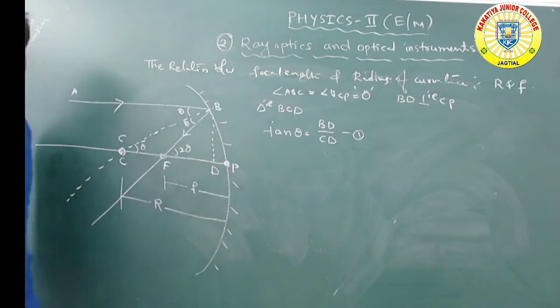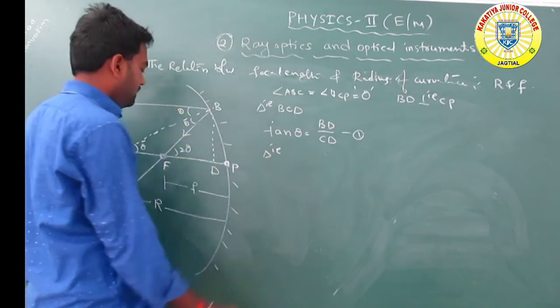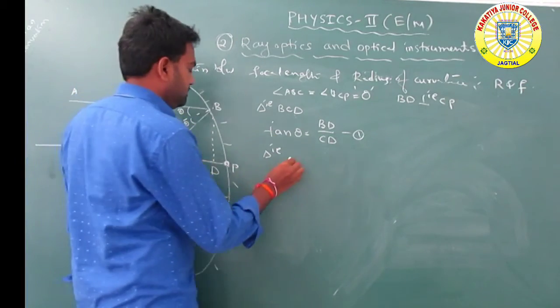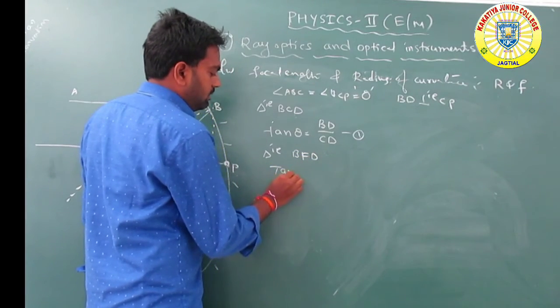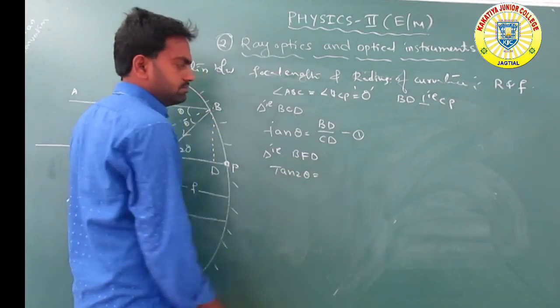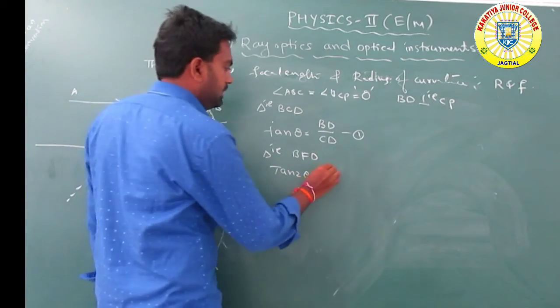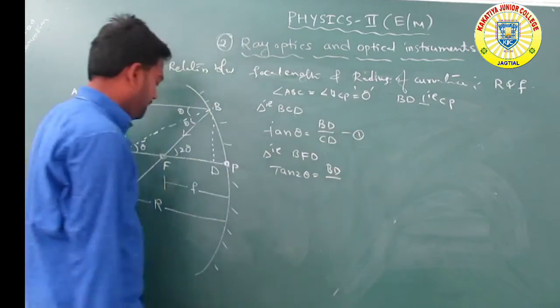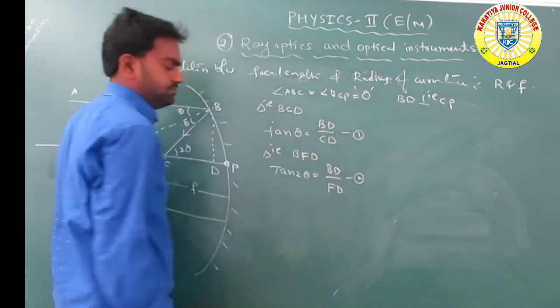Now another triangle is taken, BFD. Tan 2 theta is equal to opposite by hypotenuse, that is BD by FD. This is equation 2.